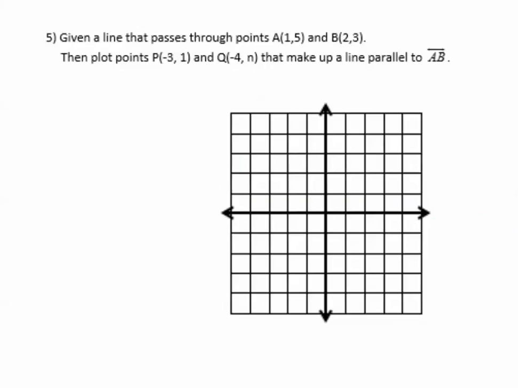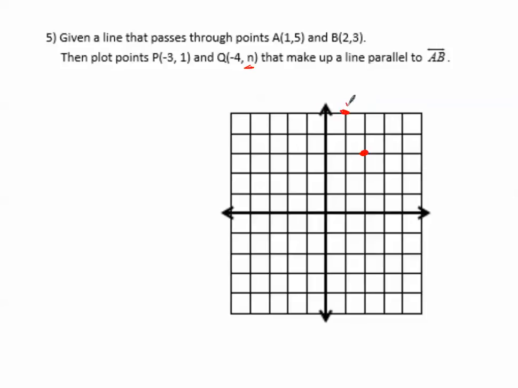Okay, so we're going to slowly get to a place where we aren't drawing the graph. We're solving it using some algebra. Given a line that passes through A, which is 1, 5, and B, which is 2, 3, I want to find N so that this new line is going to be parallel to AB.